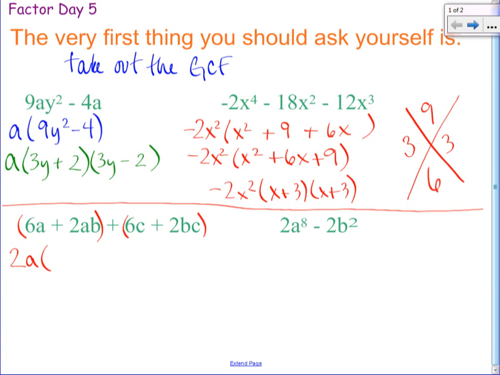2a is in common with both, leaving us with 3 plus just b, right? All right, over here, what could we take out? 3c. No, 2c. That's what I meant. 2c, leaving us with 3c.